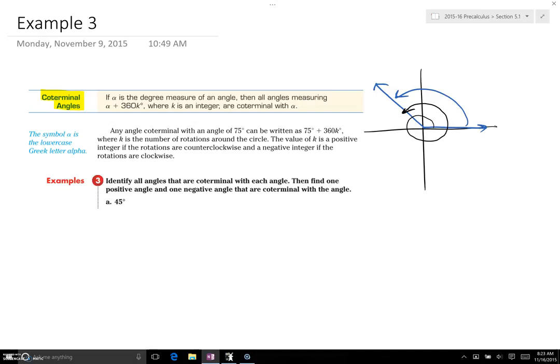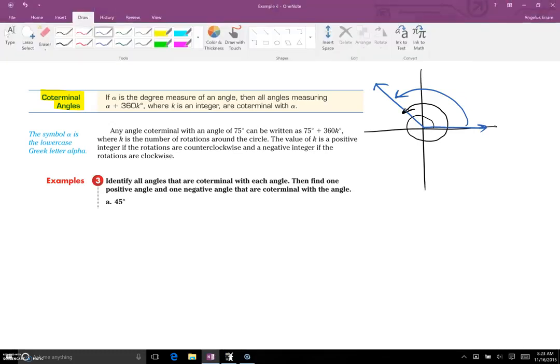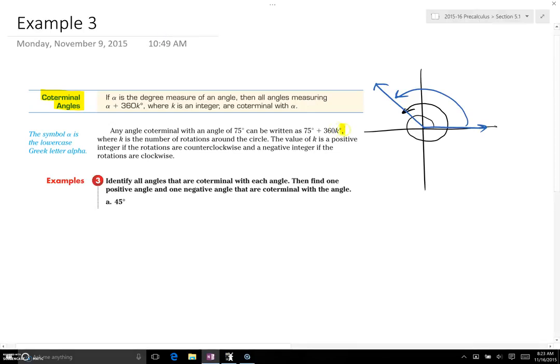So a coterminal angle is always going to be different from the angle given by some factor of 360 degrees, since 360 would be the full circle, so you can see that identified there like that.